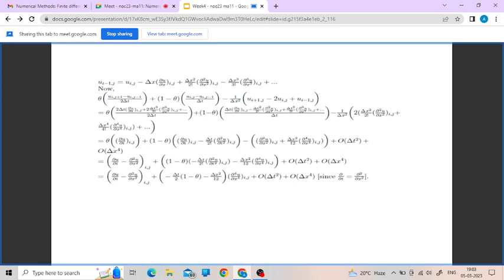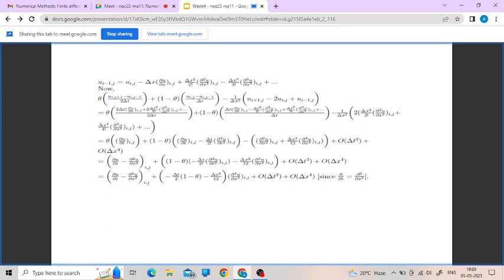So your options are: A, u i comma j plus 1 equals 1 upon 16 into 15 u i j plus 5 u i minus 1 comma j minus 3 u i plus 1 comma j. B is u i comma j plus 1 equal to 1 upon 32 into 3 u i comma j plus 5 u i minus 1 comma j minus 3 u i plus 1 comma j.